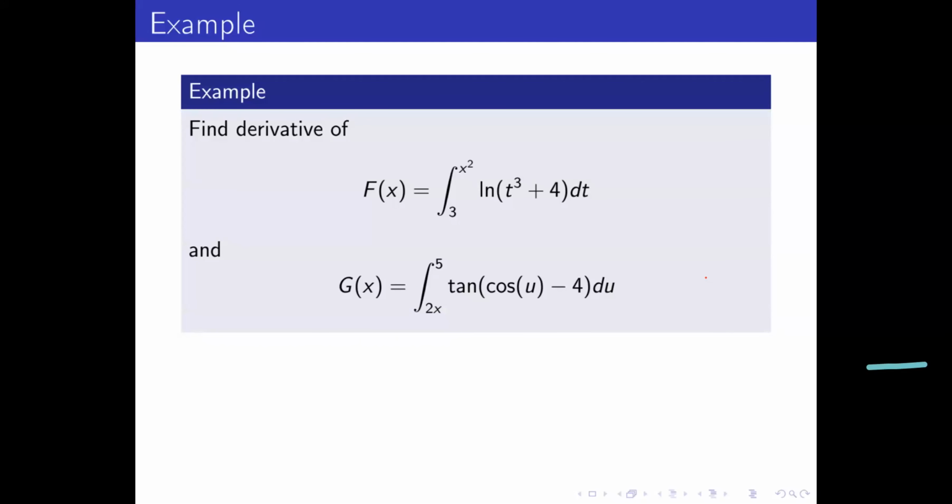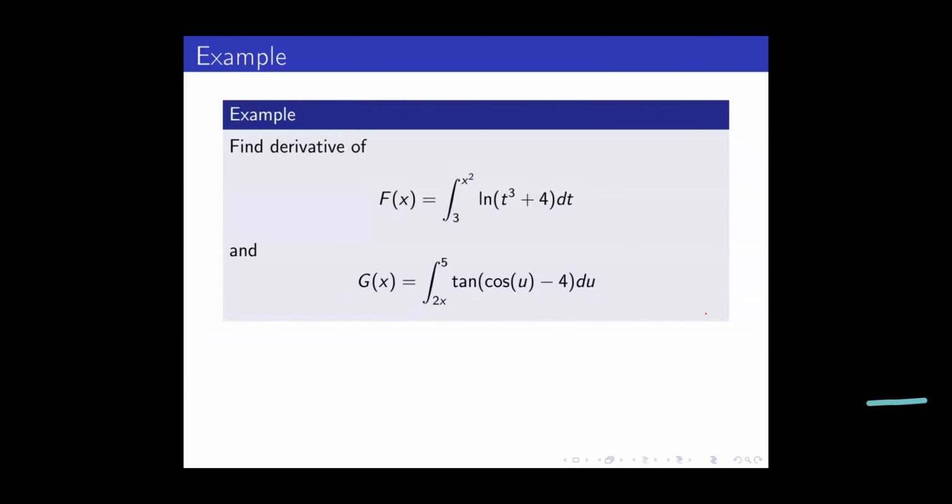Yes, very good. So here is your function. Now the variable is u, so this is f of u, so we have the du. So f(u) is tan of cosine u minus 4.